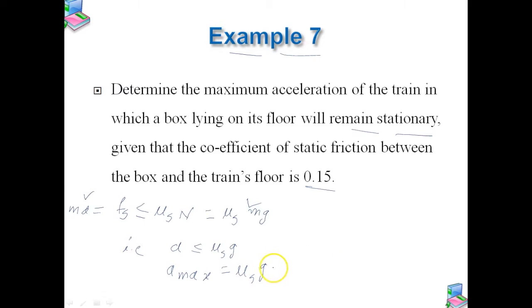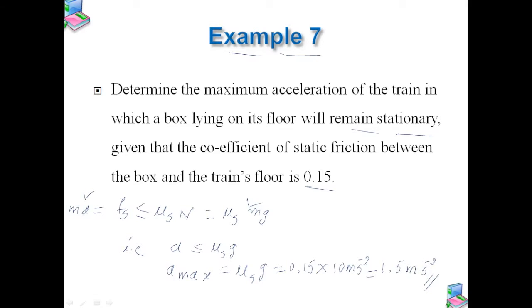They have given the value of mu s as 0.15 and we know the value of g as 10 meter per second square. So the maximum acceleration is given by 1.5 meter per second square.